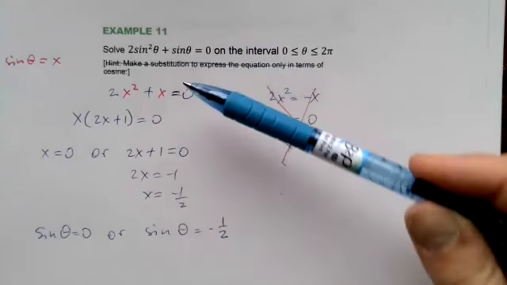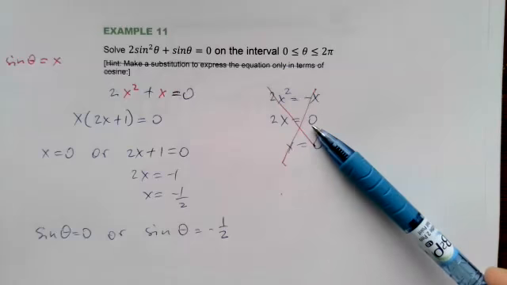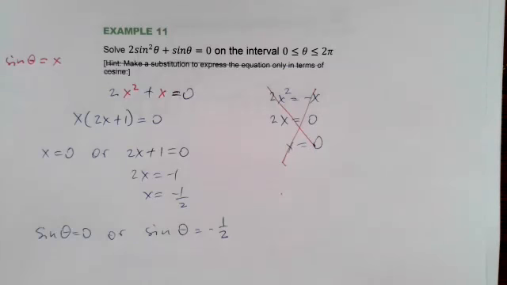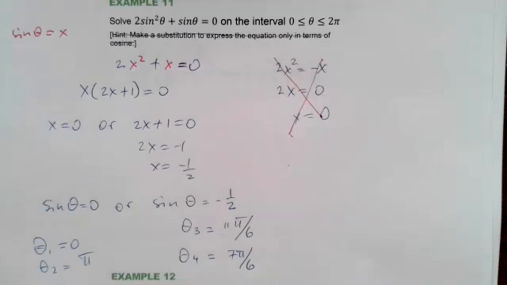I just wanted to show this portion so that you don't make that mistake. And for those of you who want to see the answers, here they are. From this equation, you get theta equals 0 or pi. And from this equation, you'll get 11 pi over 6 or 7 pi over 6.